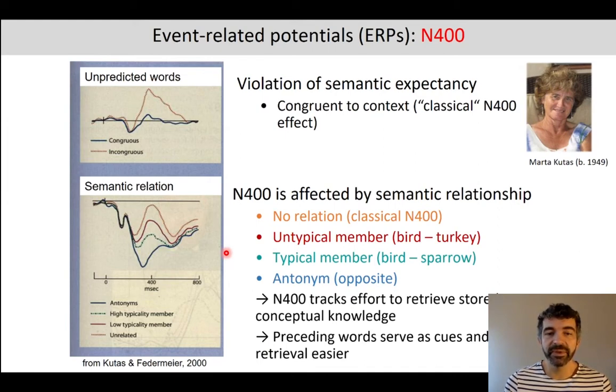If it is an untypical word and you need to retrieve it, there's some effort, for example, the turkey here. And if it's a completely unrelated word, it's even more effortful. So the idea is really that the preceding words can serve as a cue and make retrieval easy, and that's really how language processing is working according to various theories.